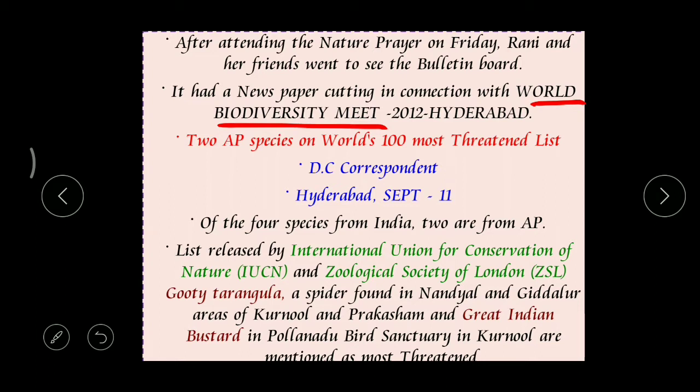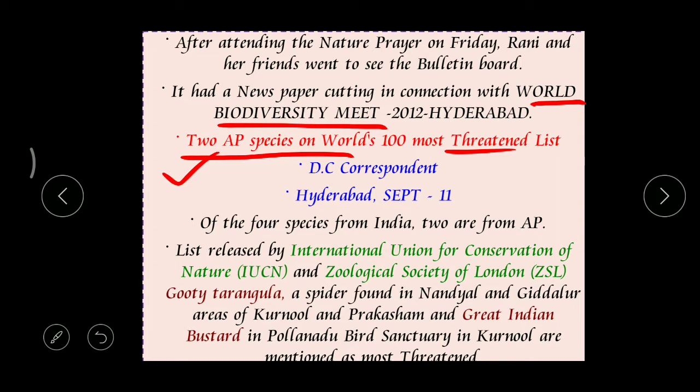According to that news cutting, 2 AP species are on the world's 100 most threatened list. Threatened list means species which are going to disappear. If we are not taking care of these animal species or plant species, then they are going to disappear permanently from the face of our planet, right?